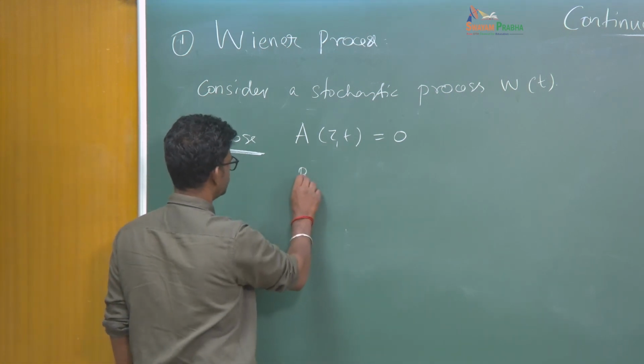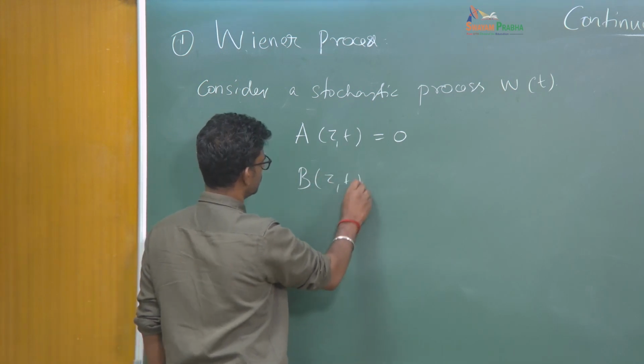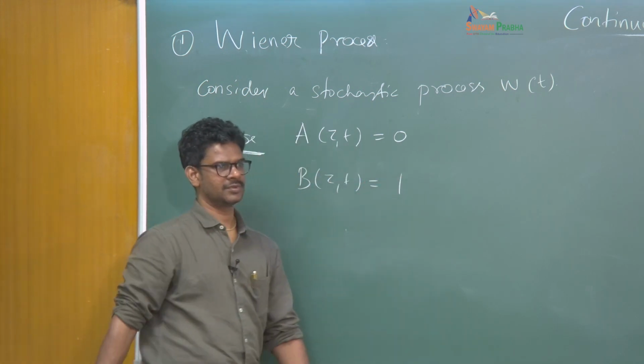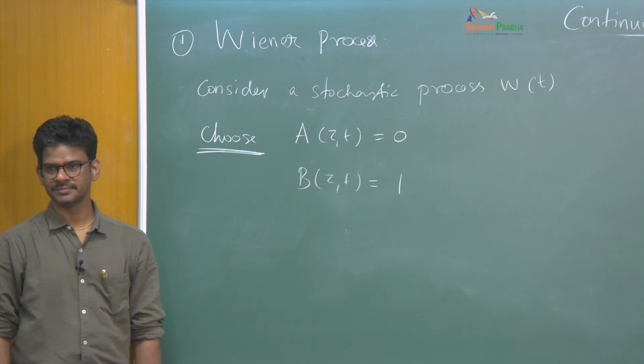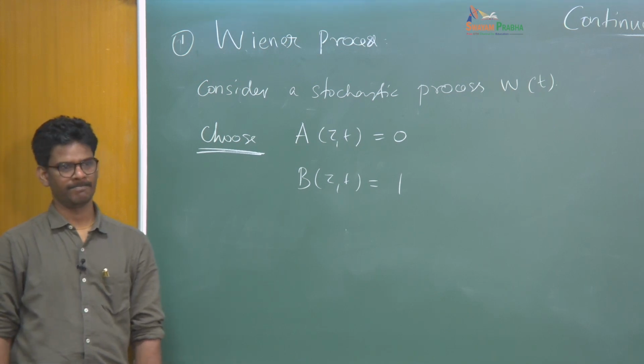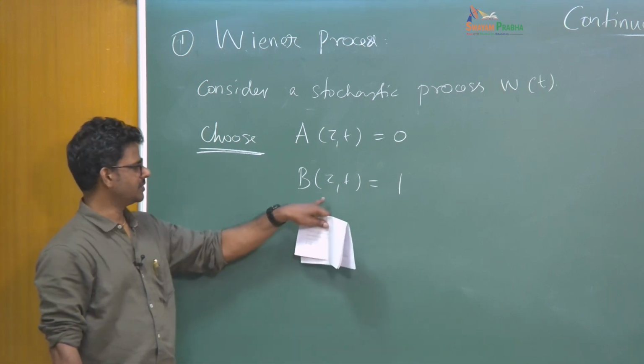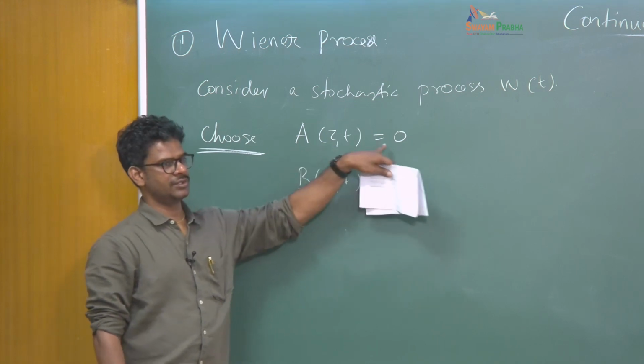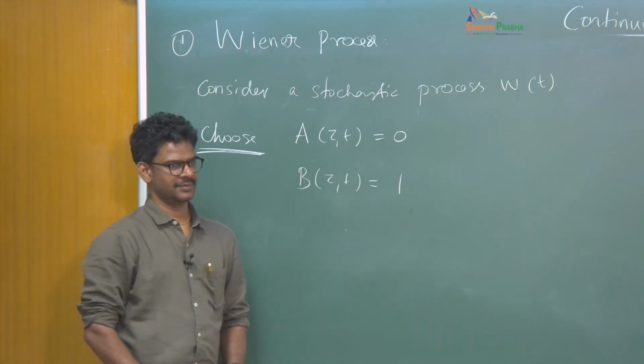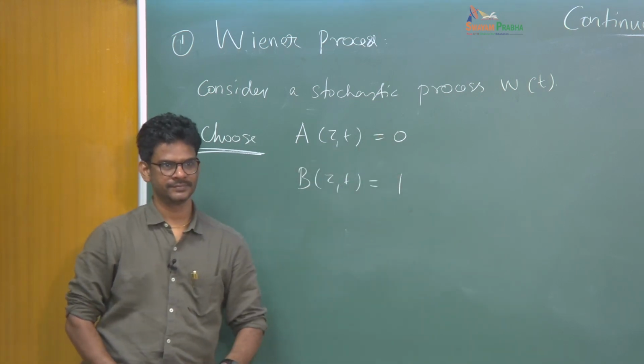Then for the second function, we consider this as unity. So there is a constant diffusion term and a 0 drift term. This is a choice we are making.